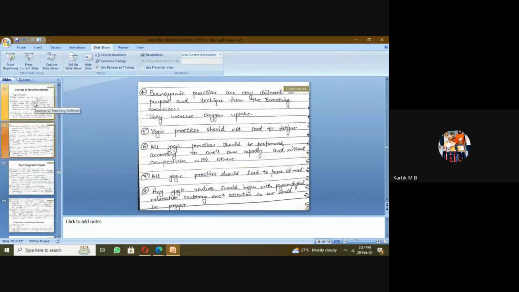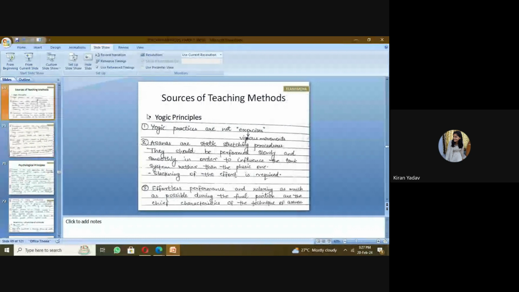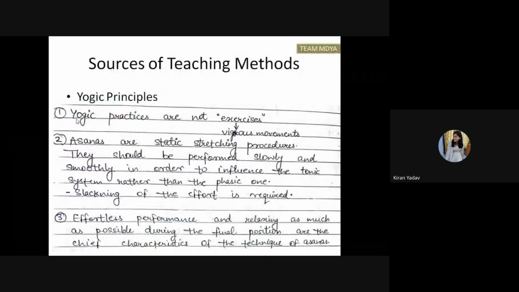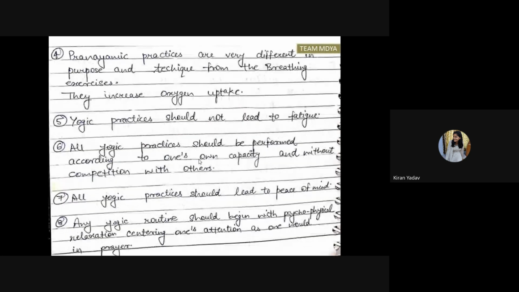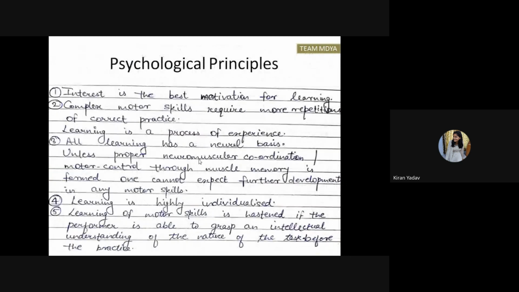Educational principle. Yes, very good, Karthik ji. So these are the yogic principles. Just have a look at these so that you get in your mind what are yogic principles and what are psychological principles.